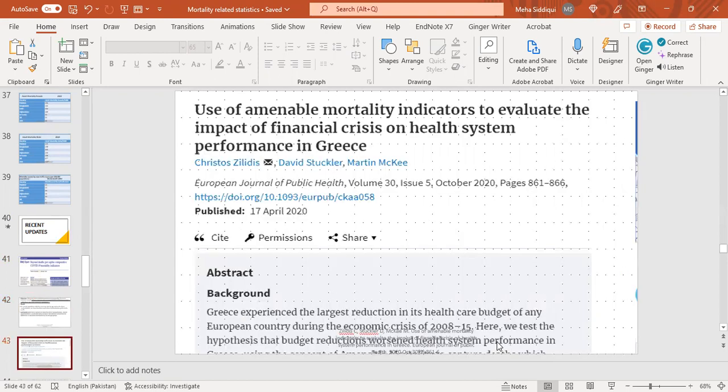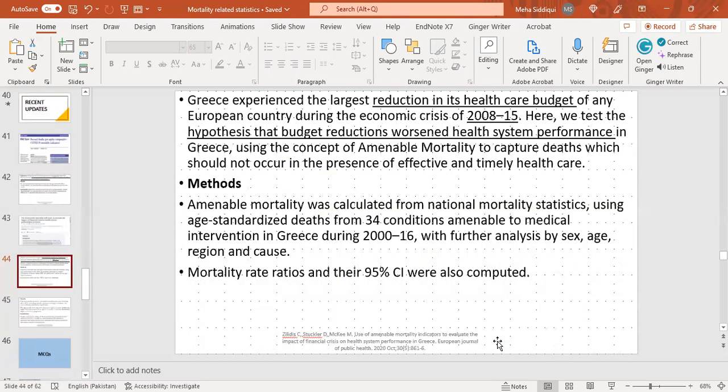Then we have a second article titled Use of Amenable Mortality Indicators to Evaluate the Impact of Financial Crisis on Health System Performance in Greece. According to it, Greece experienced the largest reduction in its healthcare budget of any European country during the economic crisis. Here we test the hypothesis that budget reductions worsen health system performance in Greece using the concept of amenable mortality to capture deaths which should not occur in the presence of effective and timely healthcare.